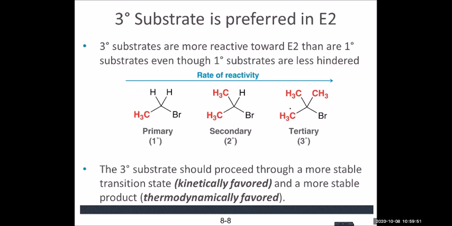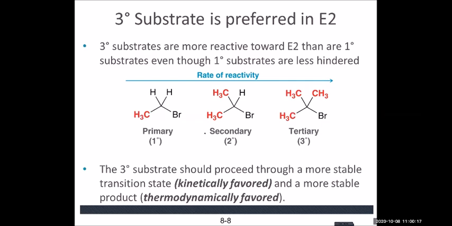And so for the E2 reaction, the base attack, leaving group leaving, and alkene formation all happen in one step. For this kind of reaction, the tertiary substrate is preferred. The tertiary substrate is the easiest for the elimination reaction.